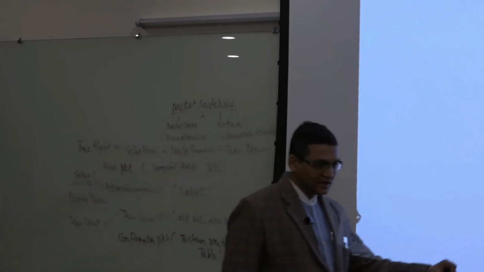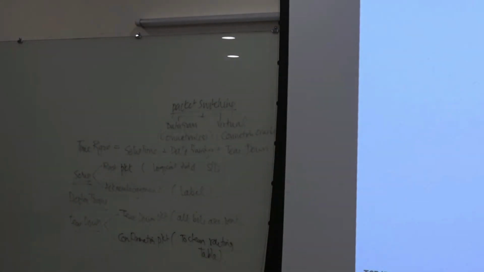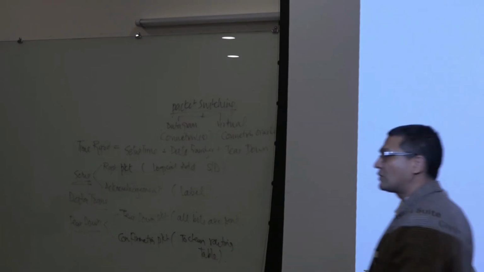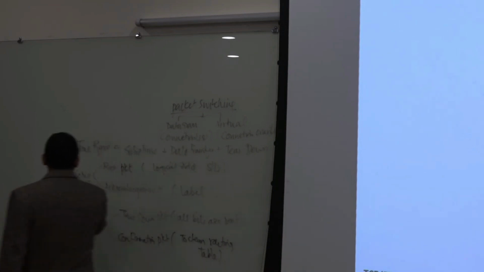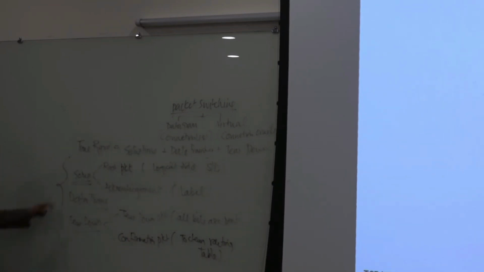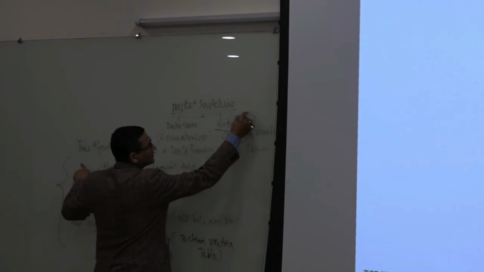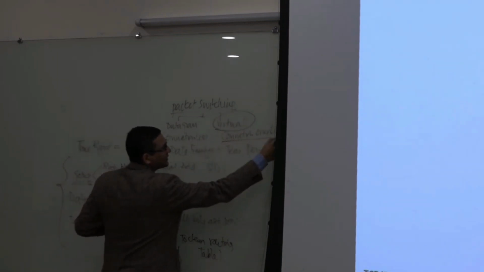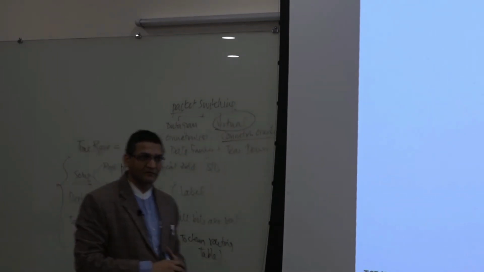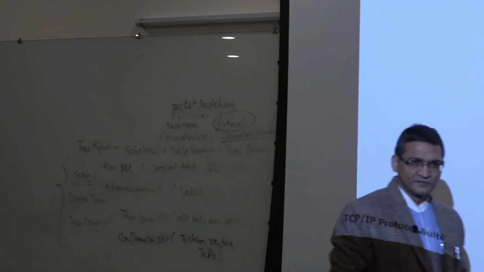It maintains the entire information to make this communication possible. So once the communication is finished, it is required to clean this table. This is what happens in the virtual mode, which is called connection oriented. This we discussed last time.